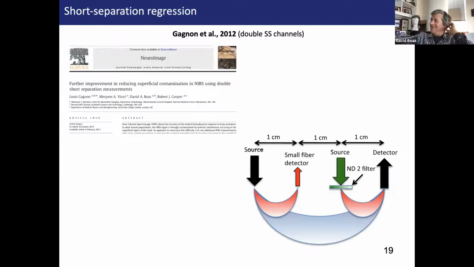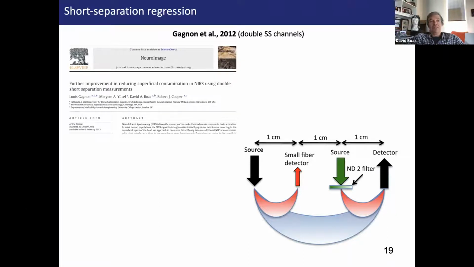Right. So depending on how you implement short separation, if you have a dense array, it can be difficult to add those additional channels, right? One thing we're beginning to do more as we go to dense arrays that cover a large area, we're no longer bothering. I used to believe I wanted a short separation channel that was 10 millimeters or closer, right?